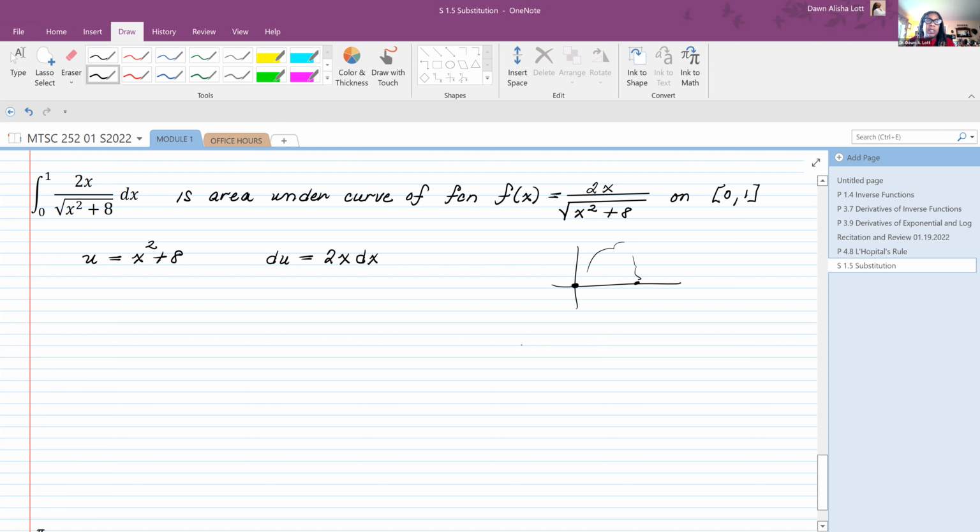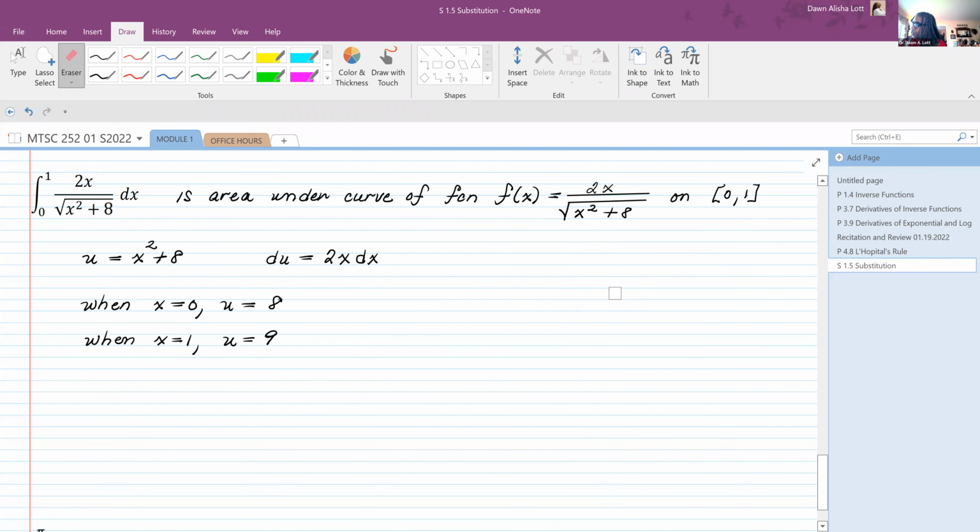So when x is equal to 0, u becomes x squared plus 8, or just 8. And when x is equal to 1, u becomes 1 plus 8, which becomes 9.